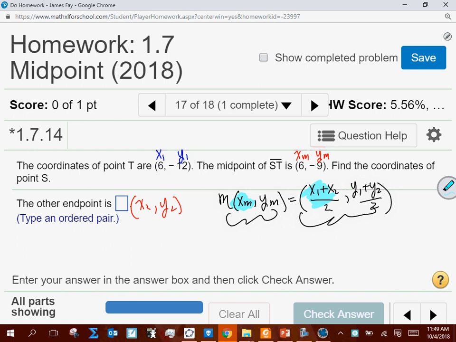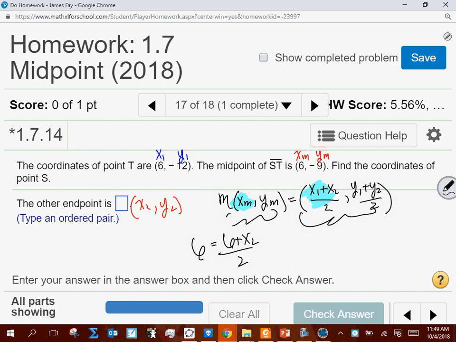So if I give you, in this case, x sub m, you have to give me x1 plus x2 over 2. Does that make sense? And now you've got some of that stuff. You've got x sub m to be 6. You have x sub 1 to be 6. I can plug those values in.